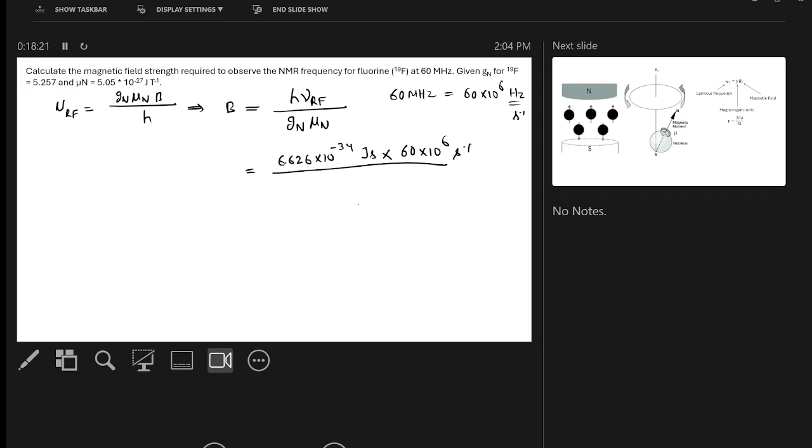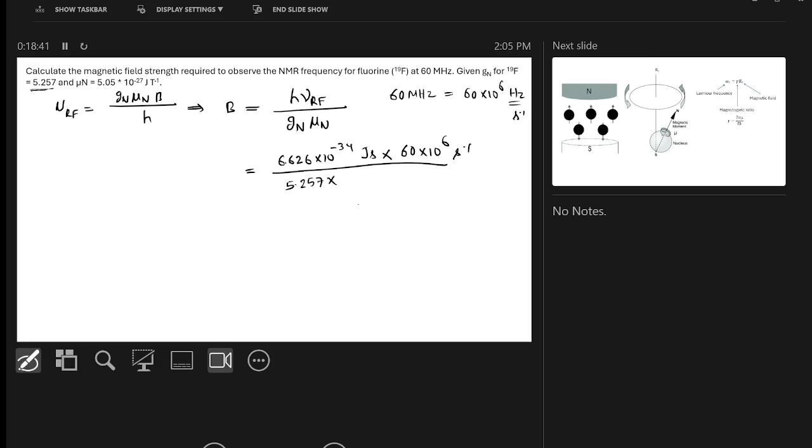Correct. And what is the g_N? g_N is 5.257. I told you that for every nucleus the value of g_N is different. For hydrogen it was 5.585. Here for fluorine it is 5.257. So every nucleus will have a different g_N value.